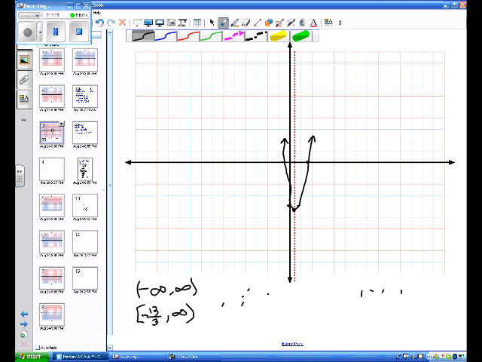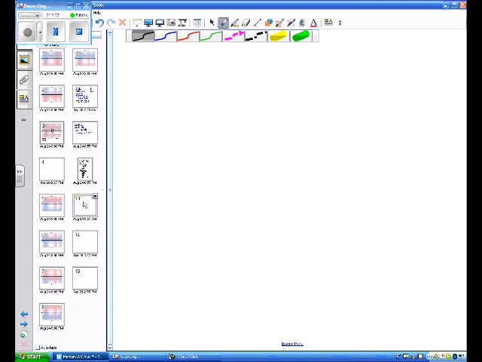All right, now there's some other things that we can do. Just by looking at our equation, we can determine if we have a maximum or a minimum. If we have f of x is equal to 2x squared minus 8x minus 3, and we want to know, do we have a maximum or a minimum?